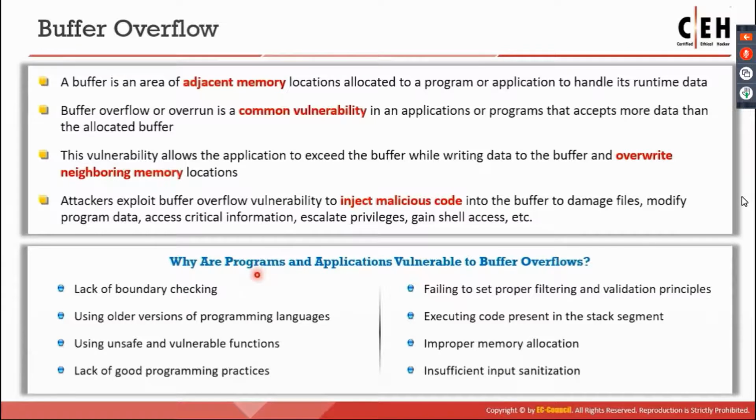They didn't check their boundaries. They're using old versions of programming language that when you compile the program, it compiles with buffer overflow errors, unsafe variables, unsafe functions. They're not using good programming practices.